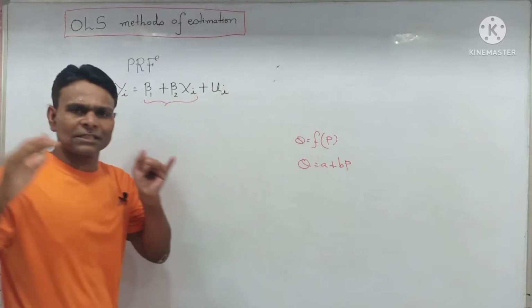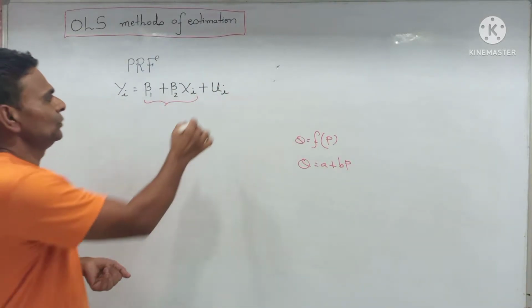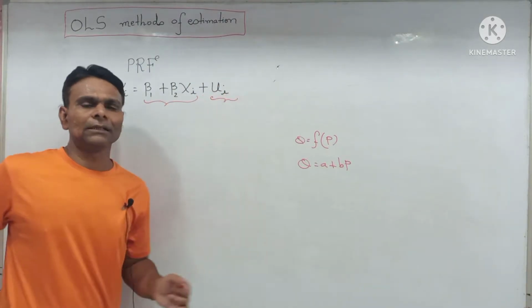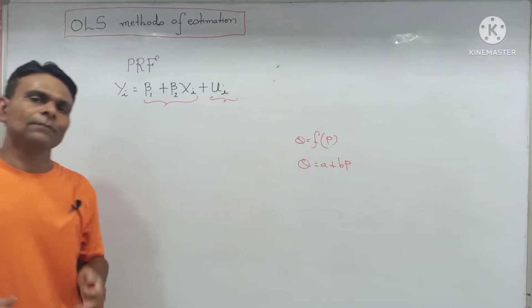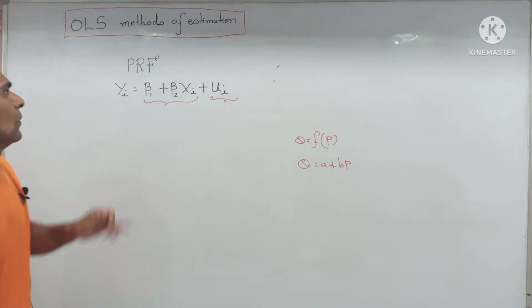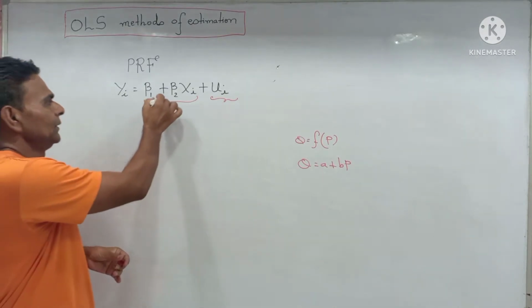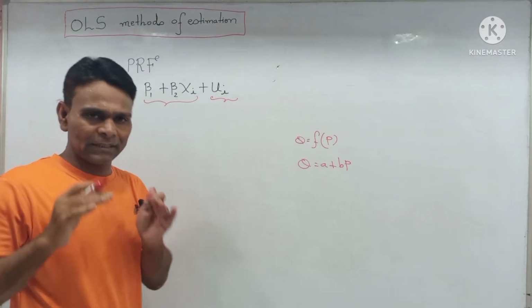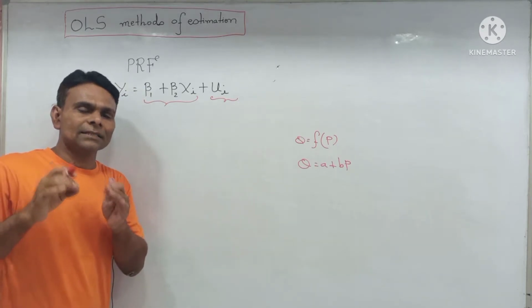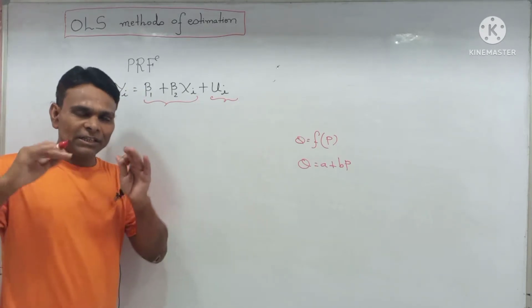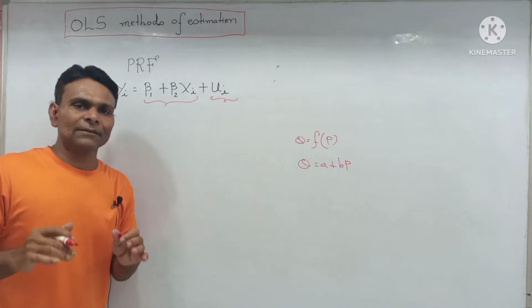It is the systematic relationship, and the other part is called the stochastic part, the error term of the population regression function. We can predict the systematic part, it is estimated, but the error term is not estimated.